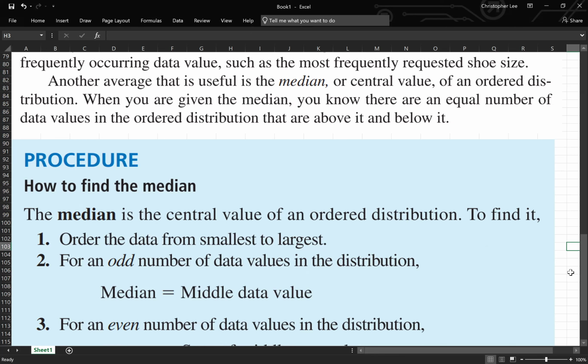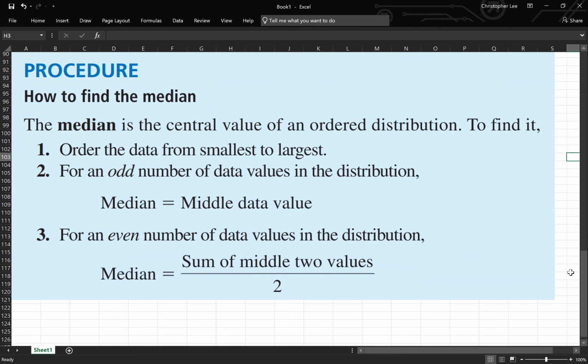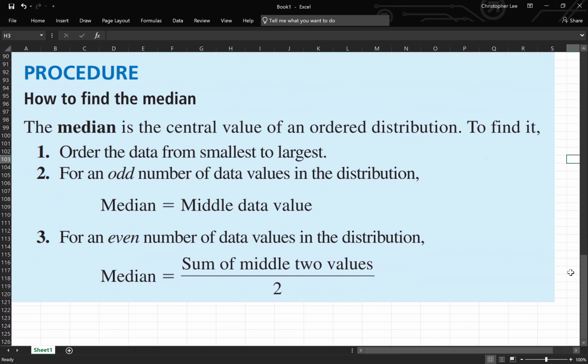For an even set of numbers, there's a formula to find the median. The median is equal to the sum of the middle two numbers divided by two. Let's say I had a data set, keeping it simple: one, two, three, four. I have an even set of data, so I have two middle numbers, two and three.